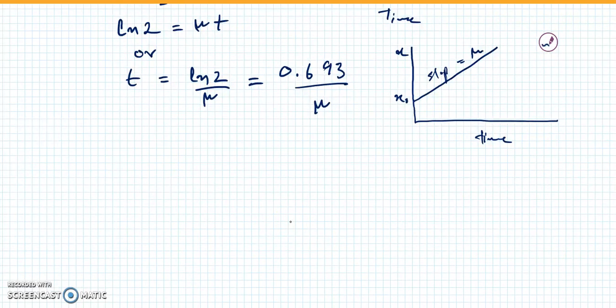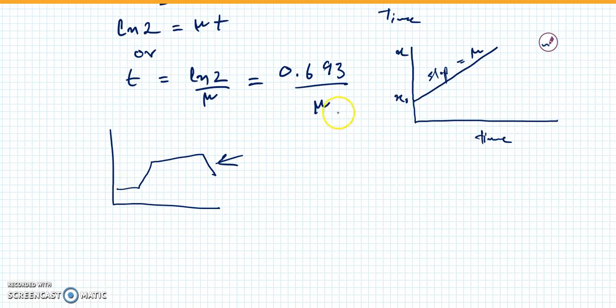So similarly for the death phase, we can calculate the kinetics like for the exponential phase, and the final equation will be x is equivalent to x naught, the initial population, e raised power minus kd t.